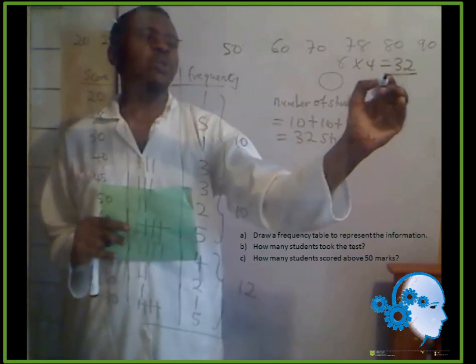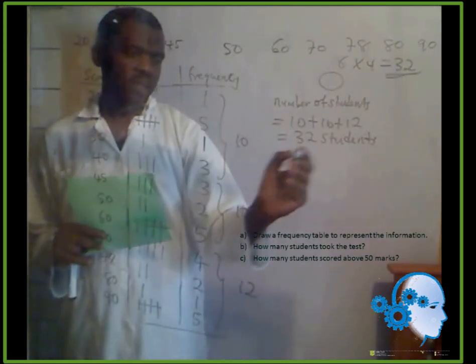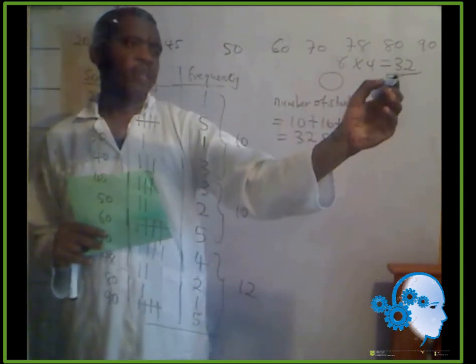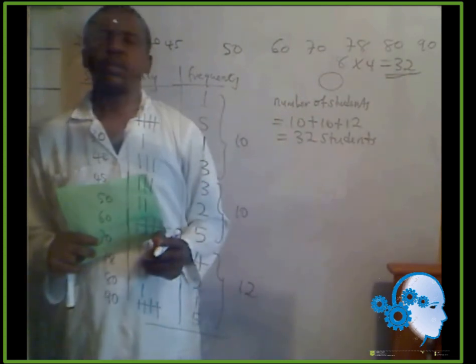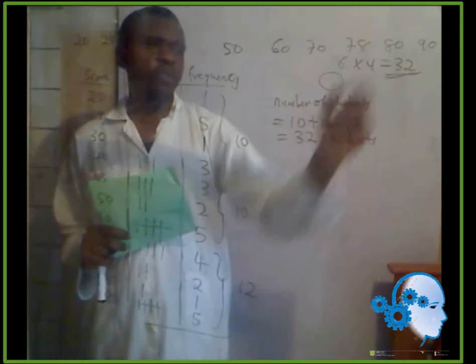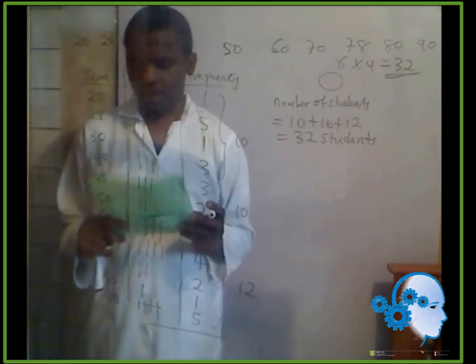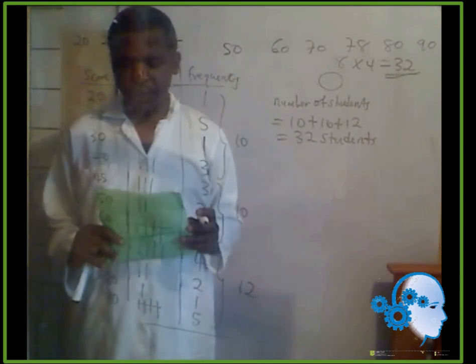We have 32 values given in our data, and these 32 values are the marks of 32 students. So we have 32 students that took the test. That is just a quick way of checking our answers or to see if our tallying has been done correctly.